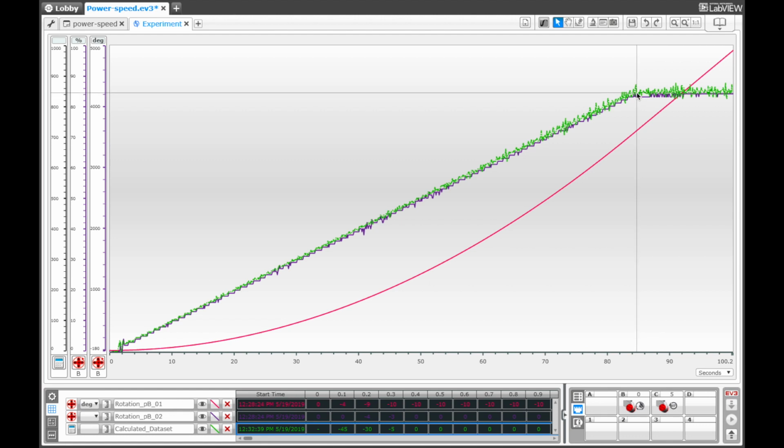It also leads to a conversion rate. When LEGO says a motor is running at say 84, 85 power, it means you're running 10 times that amount in degrees per second.